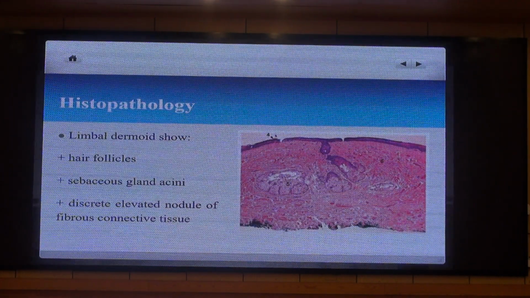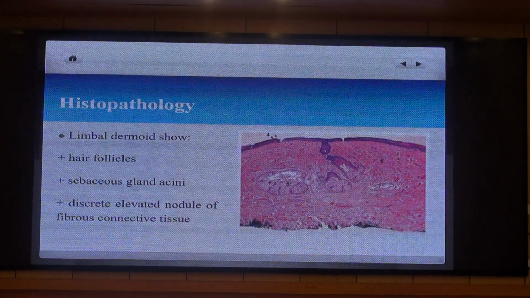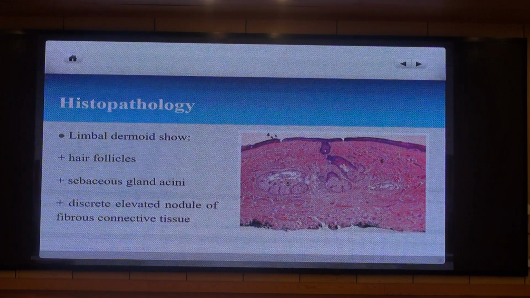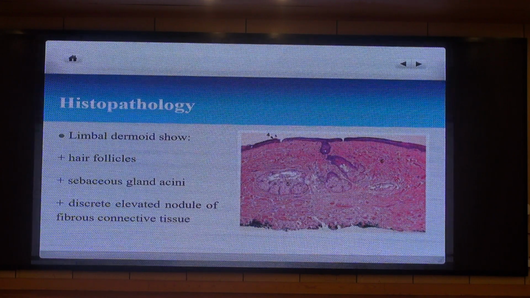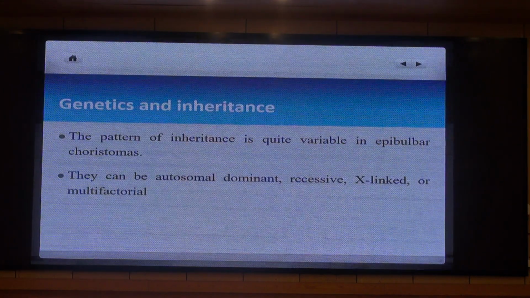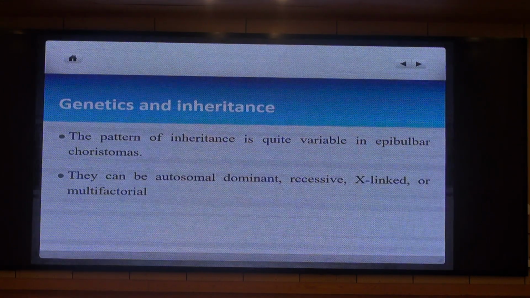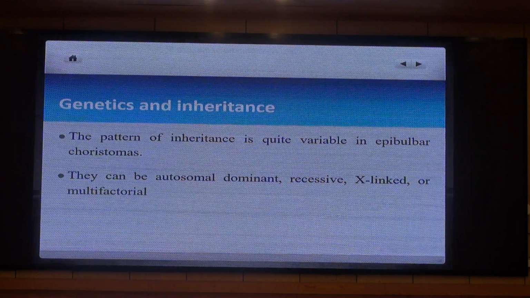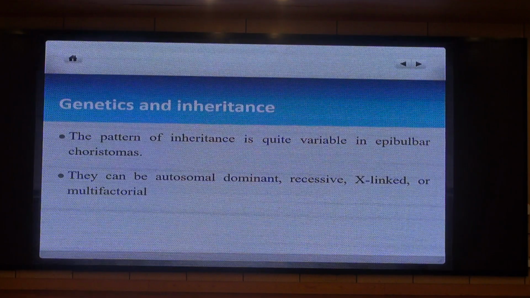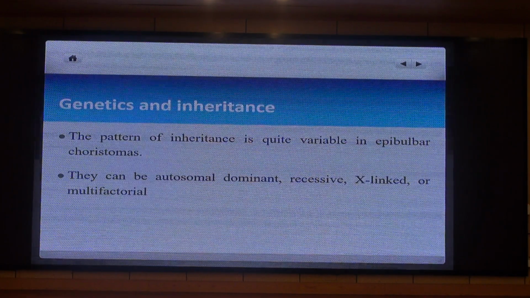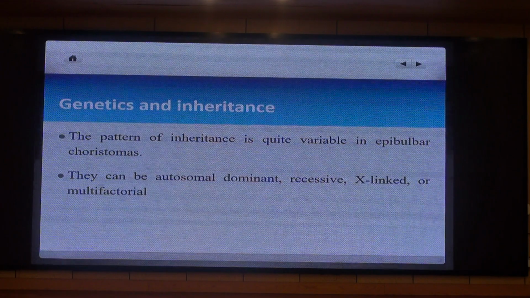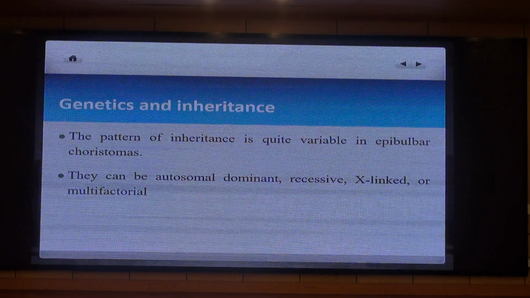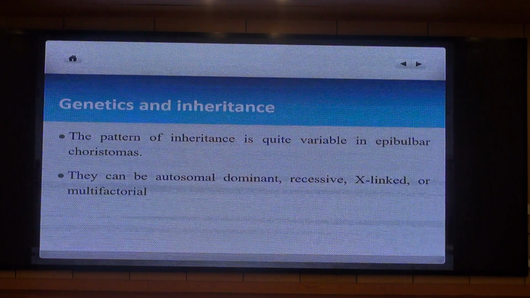About histopathology, the dermoid shows hair follicles, sebaceous gland acini, or discrete elevated nodules of fibroconnective tissue. About genetics and inheritance, the pattern of inheritance is quite variable in epibulbar choristoma. It can be autosomal dominant, recessive, X-linked, or multifactorial, etc.